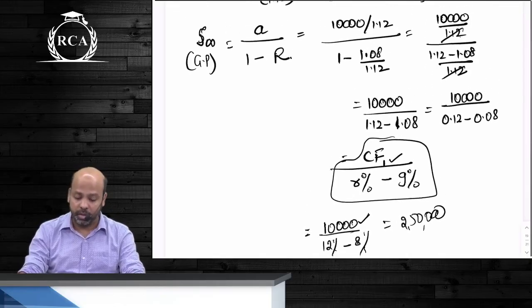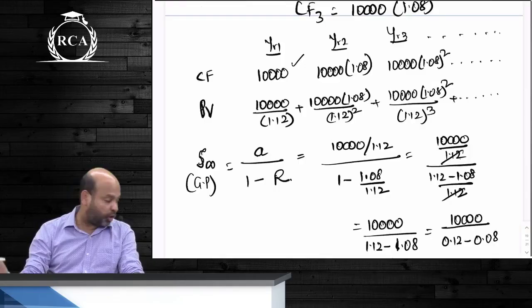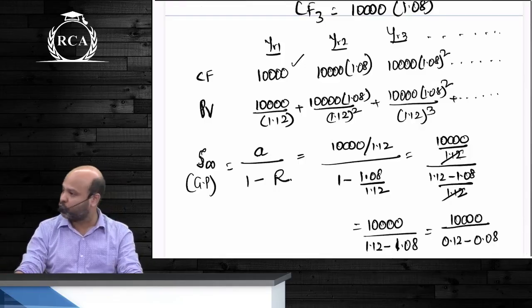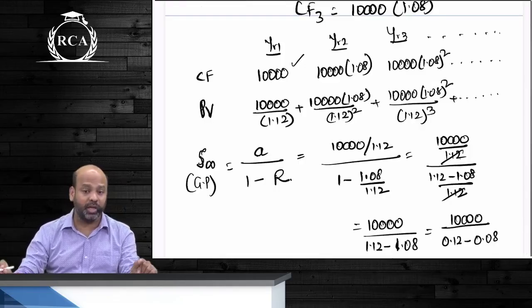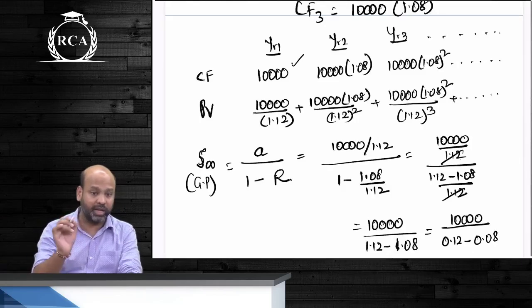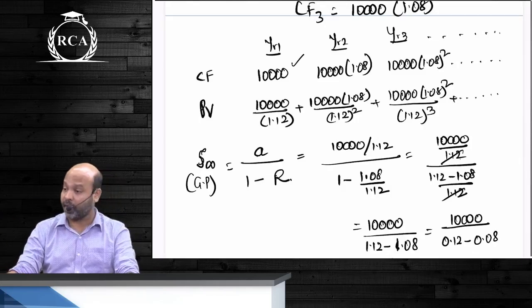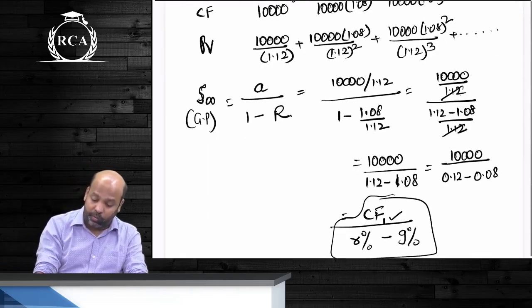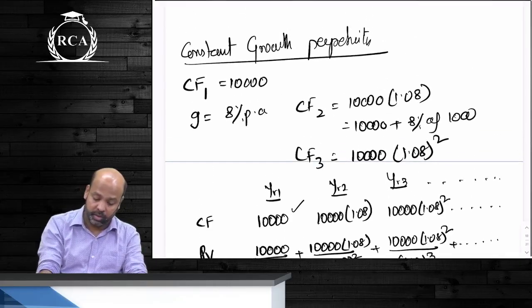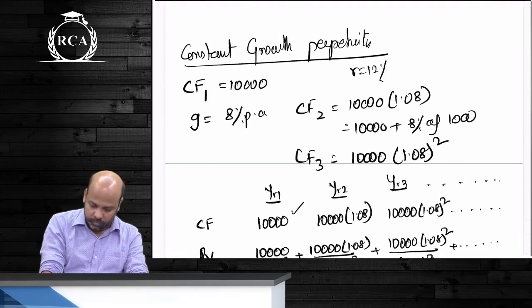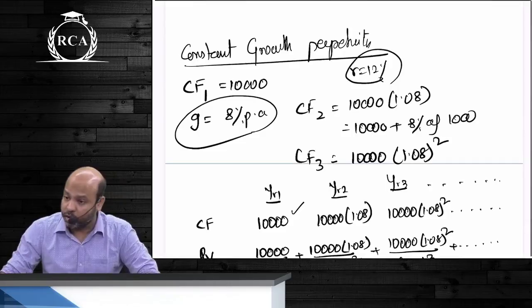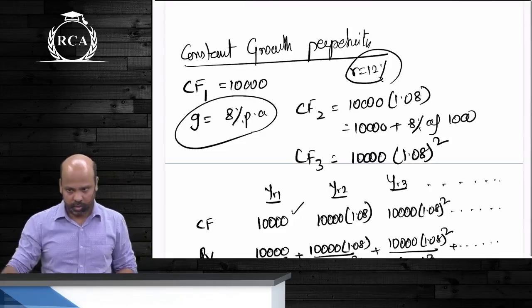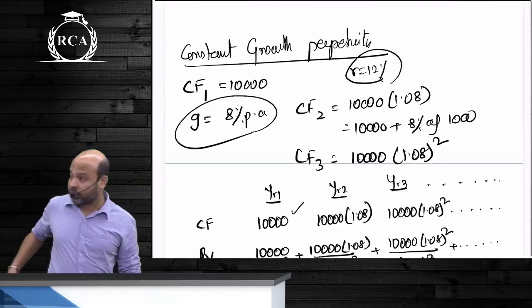Any doubt in this? Now, this formula of present value of constant growth perpetuity can be used if and only if the growth rate is less than the required rate of return. Our R is 12% while the growth rate is lower. If growth rate is more than the required rate of return, it is not possible to use the formula.